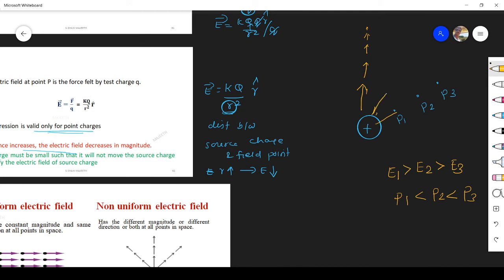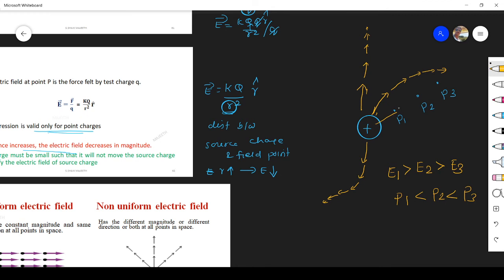Like that we put the plus, because the electric field goes out for a positive charge, then it is reduced; like that we have to draw. Similarly here it goes like this, then reduces. This is a very, very important point. We have to draw lines like this only. Clear?